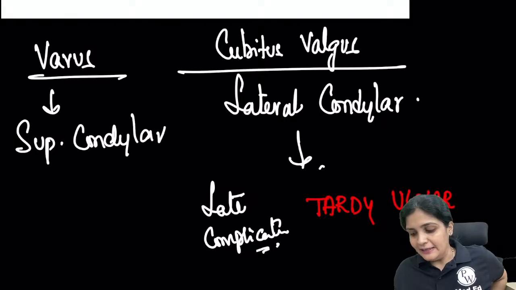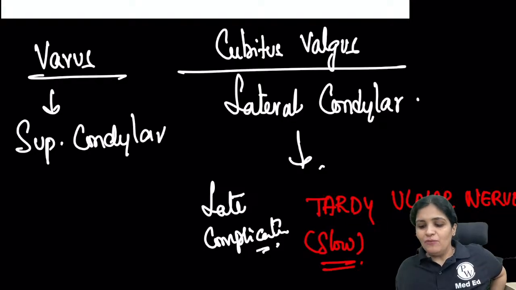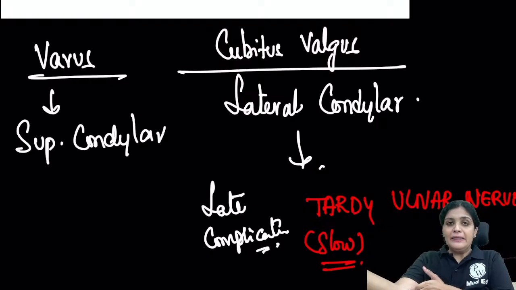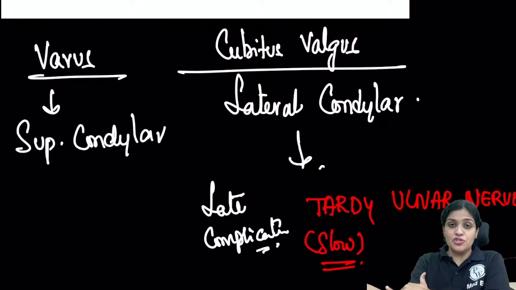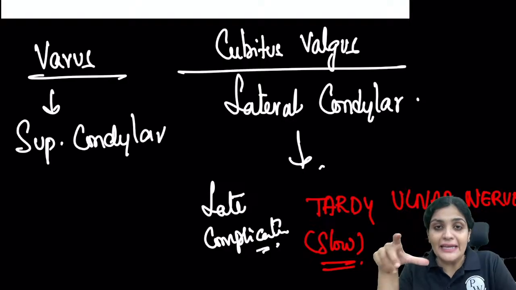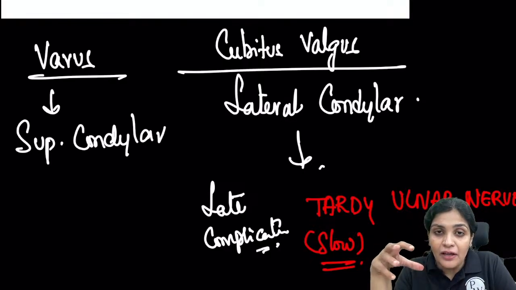What do you mean by tardy? Tardy means slow. So what is cubitus valgus? Valgus is like this, so the lateral side is not growing and the medial side will increase, right? Medial side there will be growth, lateral side the growth is restricted.